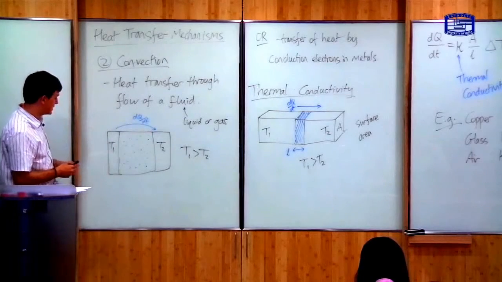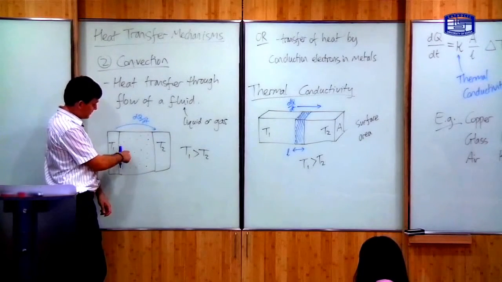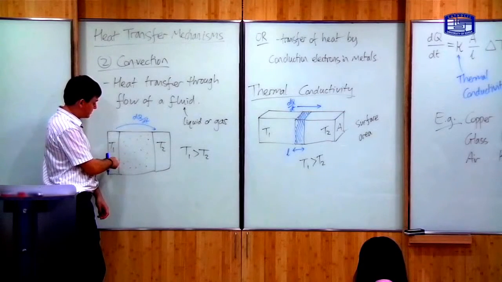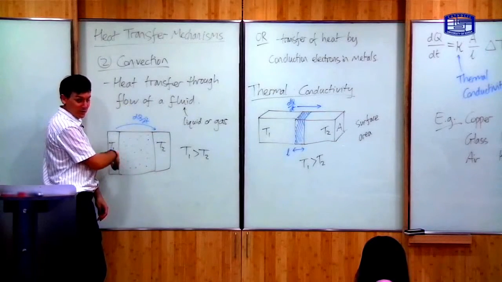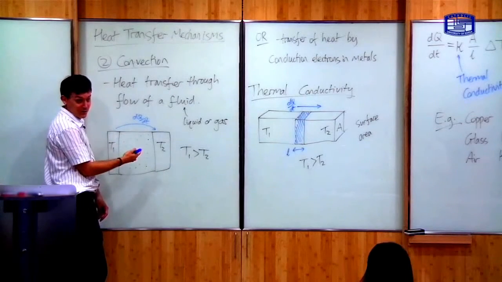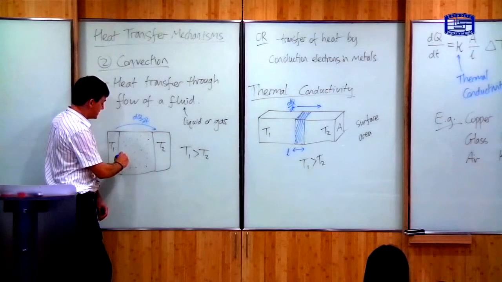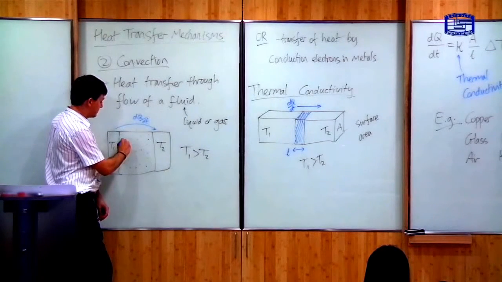Now, in the particular case I've drawn here, what will happen is that the particles here, which are close to the high temperature reservoir, will conduct heat from the high temperature reservoir. They will therefore get hotter. Now, if gas gets hotter, it expands. That means its density decreases, and therefore it will tend to rise up.